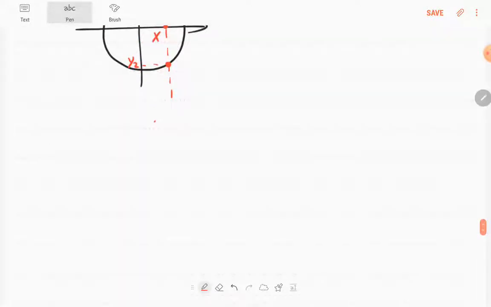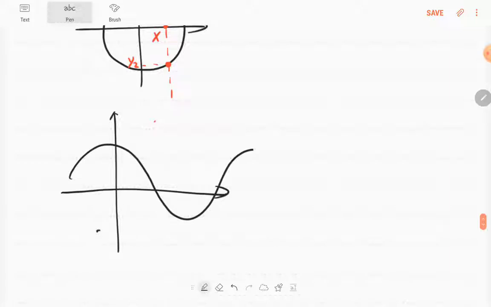If you have this curve, you draw a vertical line, there is only one intersection. So in other words, one x value corresponds to one y value, right? You draw an arbitrary vertical line, there is only one intersection.